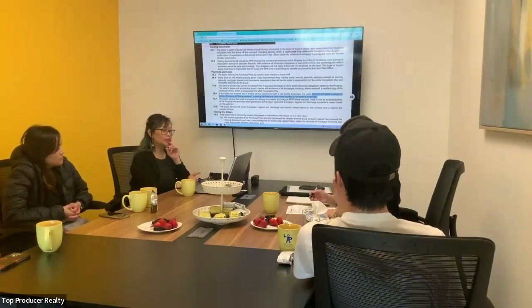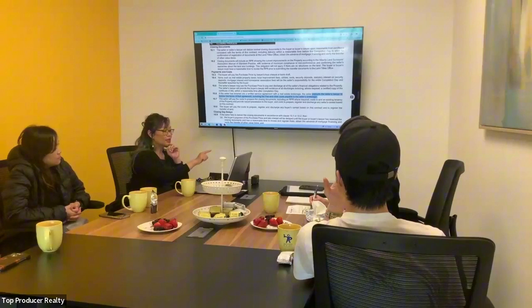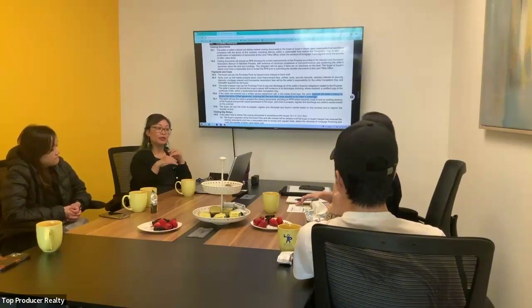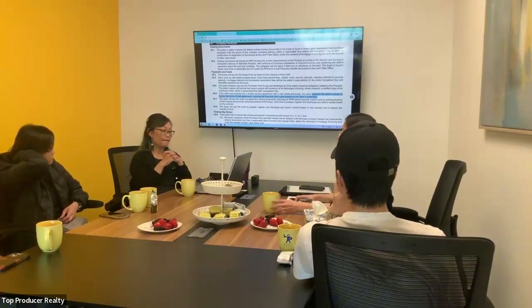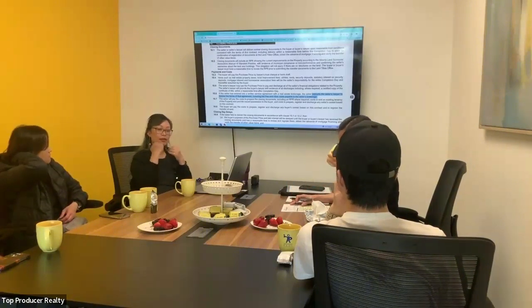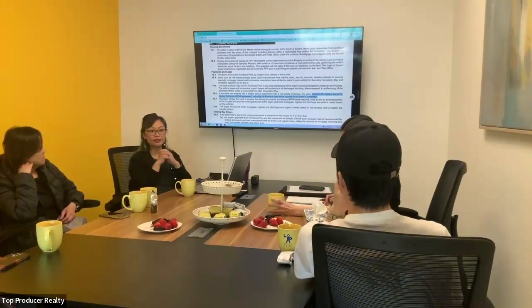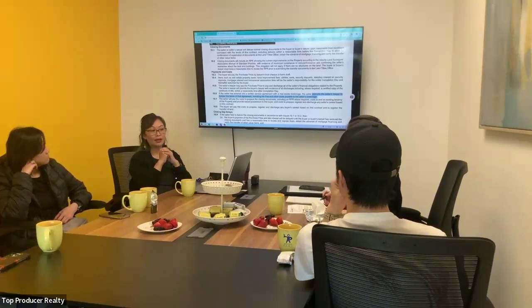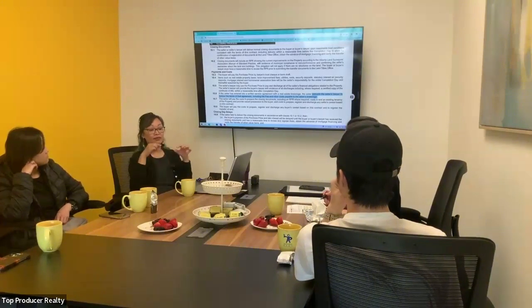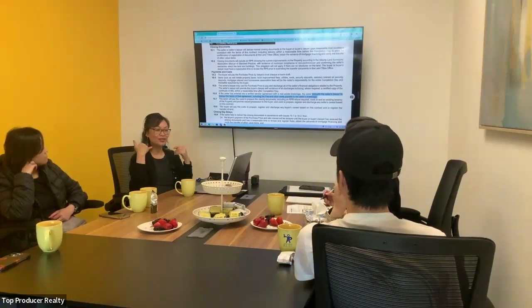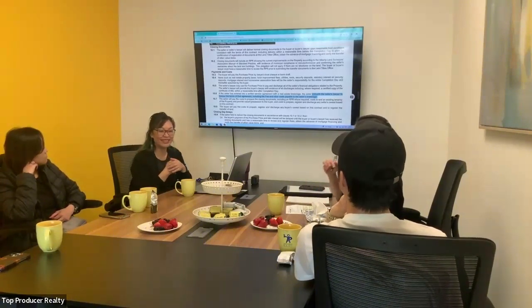Also the utility account is not assumable, because right now with the utility company, if you move out, your buyer needs to set up their own account. Yeah. Before, we still needed to call the utility company to tell them the meter reading. Now you don't need to. They have a central reading function, so they don't come to the house anymore. Previously they would say, we need to come into your basement to read the meter.